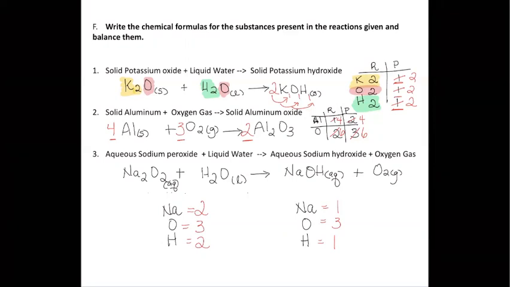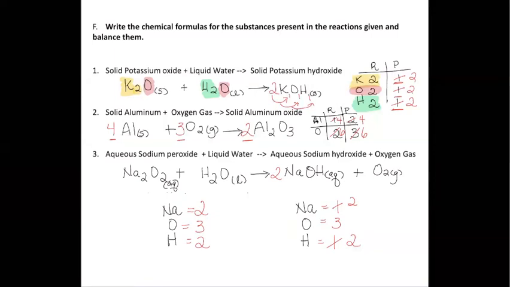So at first, we need to try to balance at least one of the 2 that we have unbalanced. We have sodium and we have hydrogen. So let me balance those 2. If I put a 2 here, then my sodium goes to 2, my hydrogen goes to 2, and all of a sudden you're like, oh, yay, those are 2 balanced.